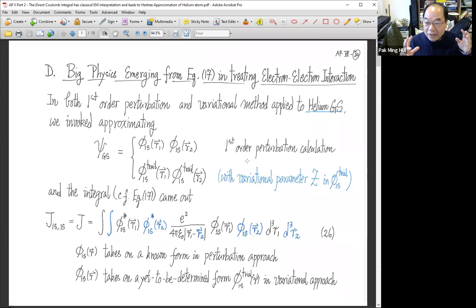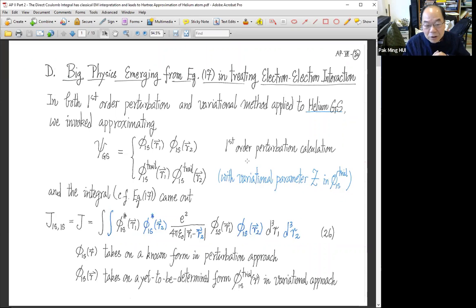It turns out that there is big physics behind this integral. And after we understand this big physics, a very important consequence comes out, which, as I already mentioned, is the self-consistent calculation called the Hartree method.